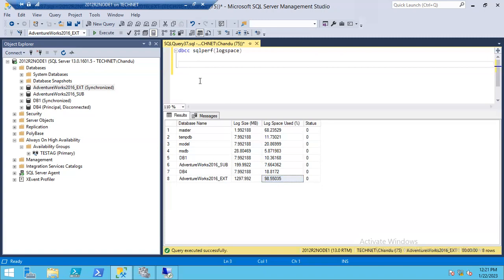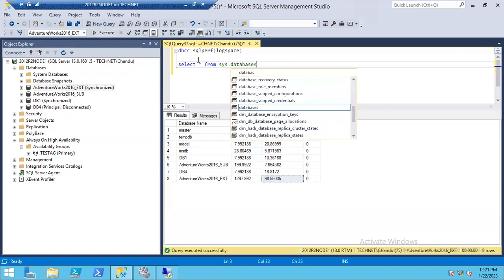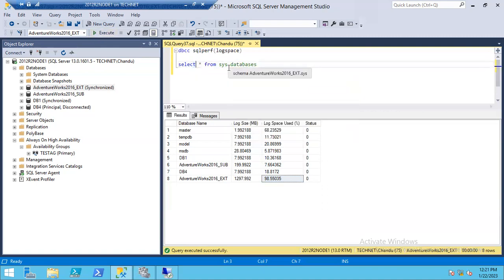How do we validate what it is waiting for? We have a system catalog we can query: select star from sys.databases. It is a system catalog, so it executes on the master database; you don't need to change any database context.